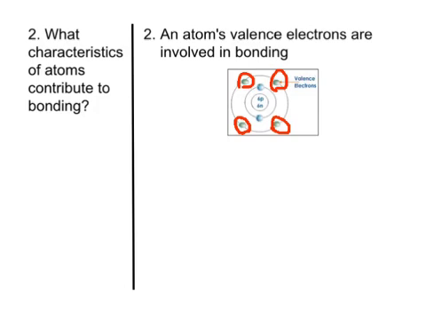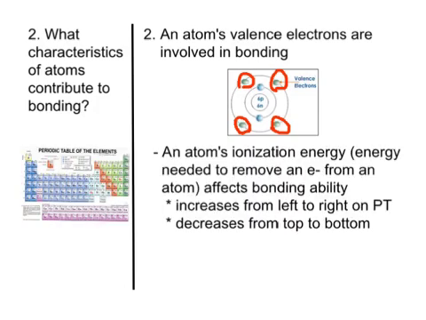The second characteristic of atoms that contribute to bonding is the atom's ionization energy. Now, we talked about this when we talked about the periodic table trends, and ionization energy is the energy needed to remove an electron from an atom. So this is going to affect the bonding ability of atoms.